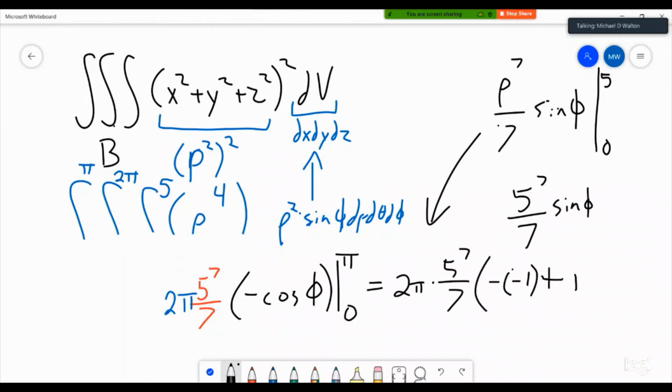Yeah. So we are going to get negative of -1 plus 1, so that's a 2, times the 2 pi. So all in all, that's going to be equal to 4 pi times 5 to the 7th over 7. Boom.